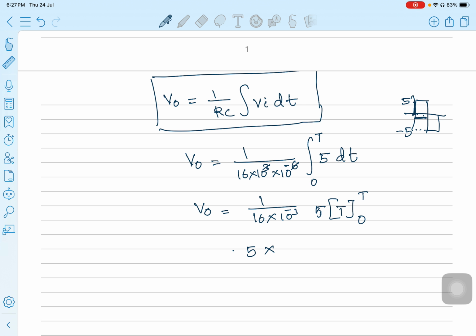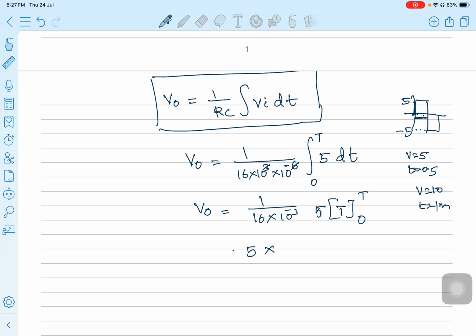That means if I take the voltage as 5, I will take the time as half, that is 0.5 millisecond. If I take peak to peak voltage, V equal to 10, in that case I will take both half cycles, that is T equal to 1 millisecond. In that way I need to take. Here I am taking only half of the cycle.